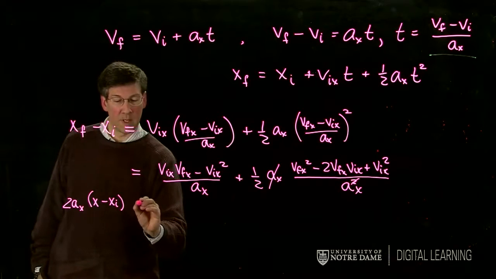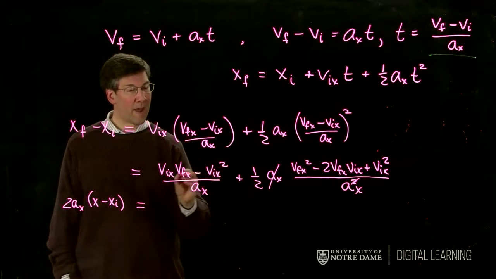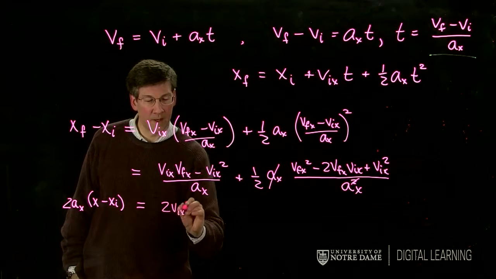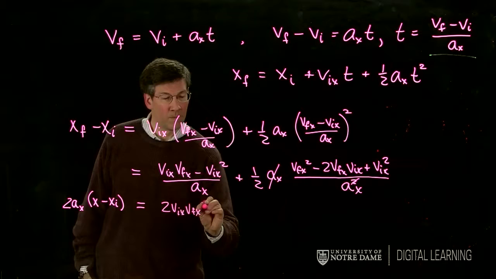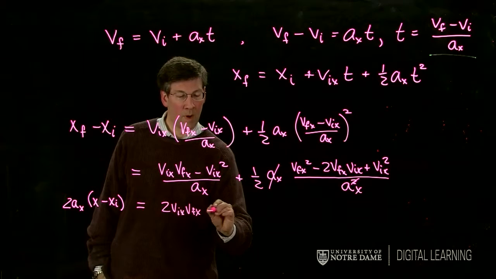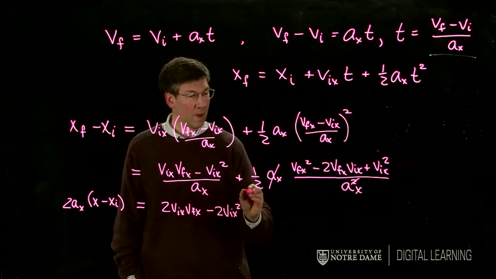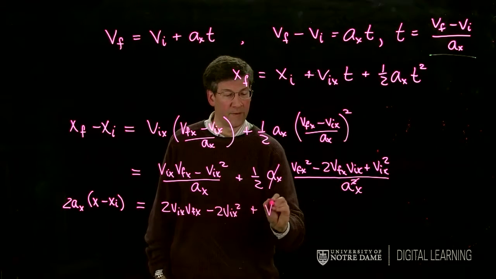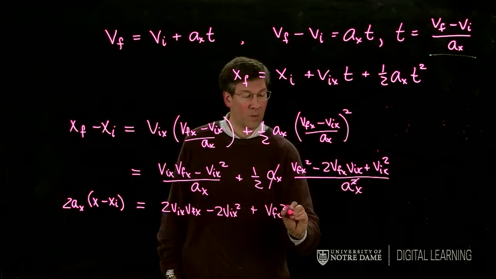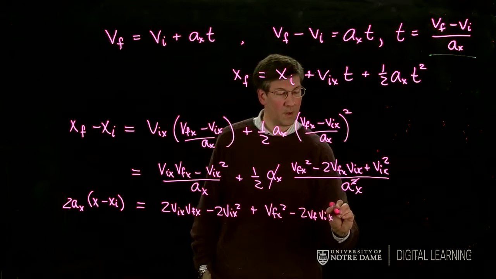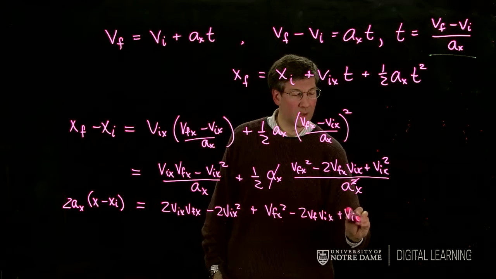And this is going to equal, now we have to multiply this by 2, so I have 2 v initial x v final x minus 2 v initial x squared. And over here, I have v final x squared minus 2 v final v initial x plus v initial x squared.